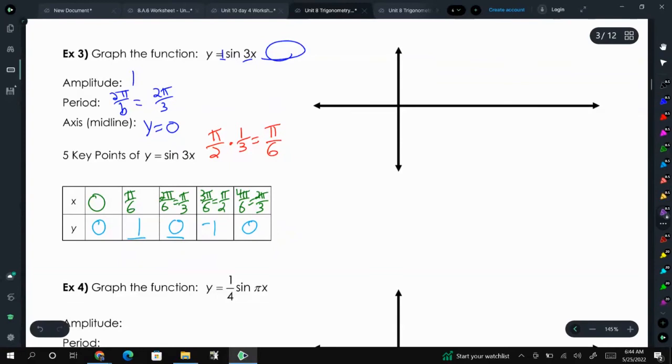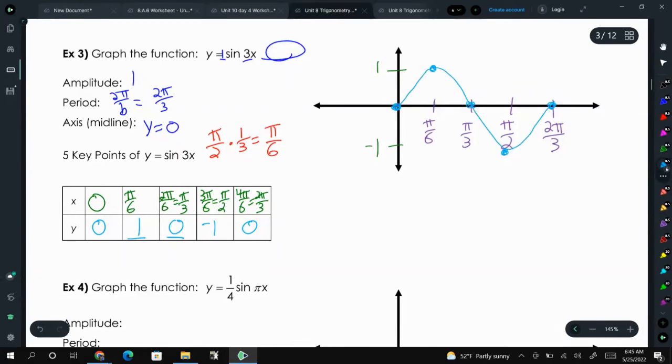so now we have 0, then we're going to have pi over 6, pi over 3, pi over 2, and 2 pi over 3. And then 1, -1, our graph's going to start at 0, 0, go up, back to the midline, below, up.